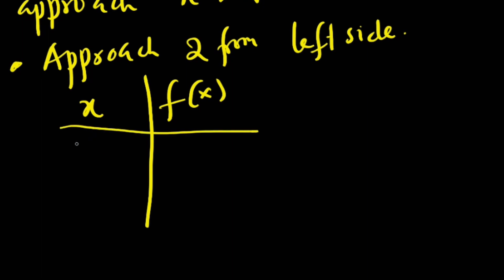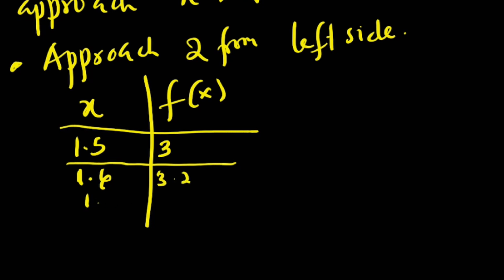So we take like 1.5. f of x would be 1.5 times 2, which is 3. Now if you take a value like 1.6, also we are approaching from the left side, so we take 1.5, 1.6. f of x would be 1.6 times 2, which is 3.2.